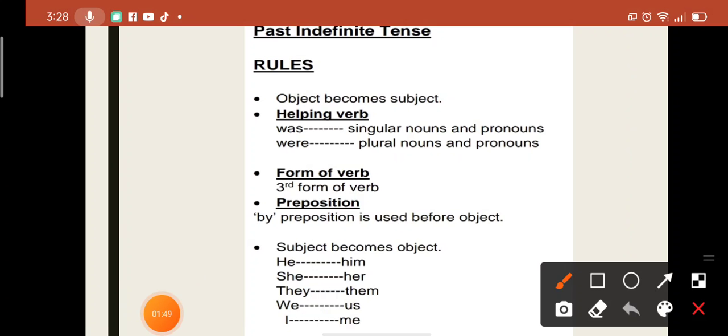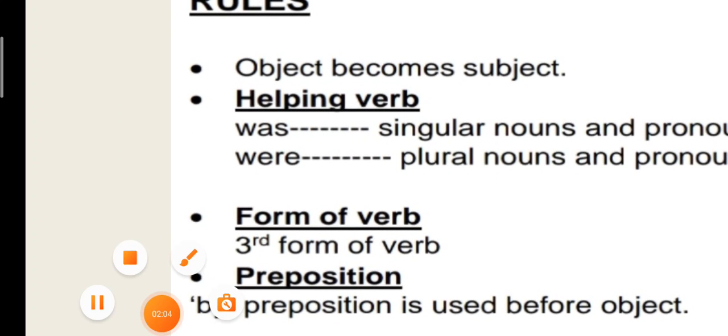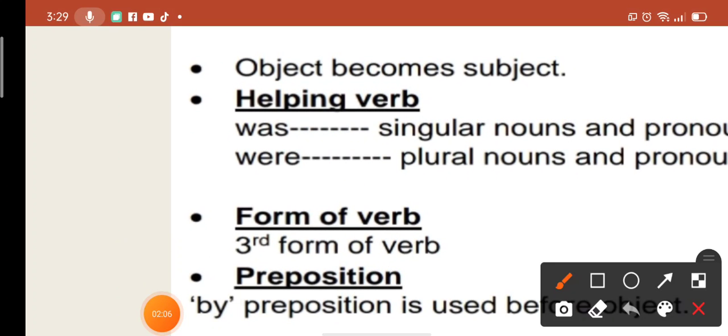Then what is the second rule? We add helping verb. Helping verbs of past indefinite tense for passive voice are was and were. There are two helping verbs. What are these? Was and were. Was helping verb is used for singular nouns and pronouns.